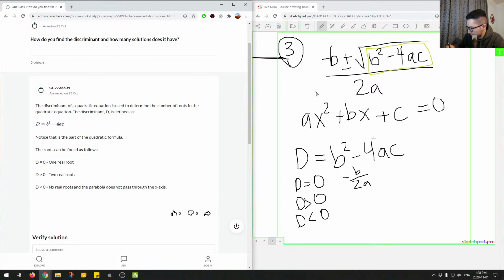I'll call it the first root, and then the second root is when you use the negative sign. I'll write it out so it's more clear.